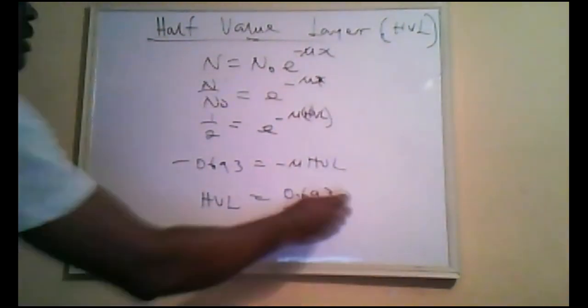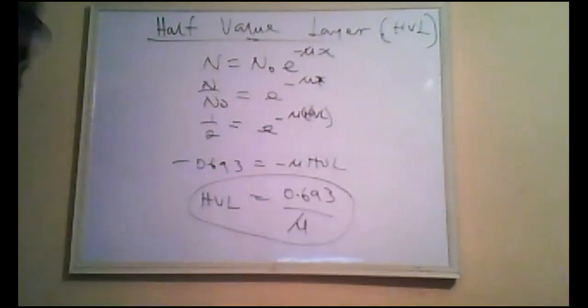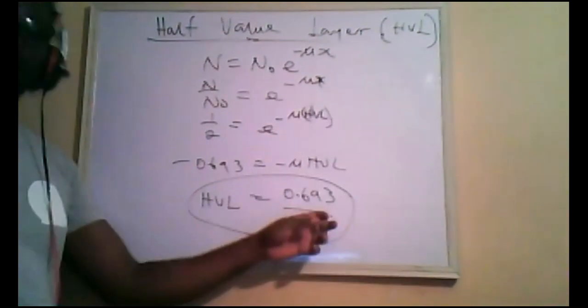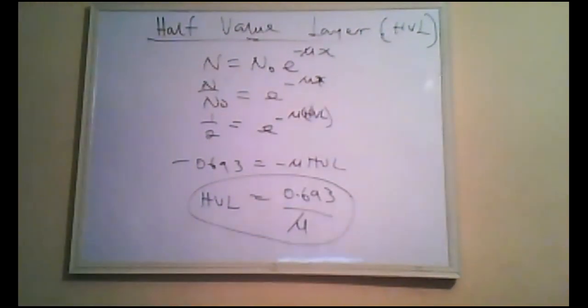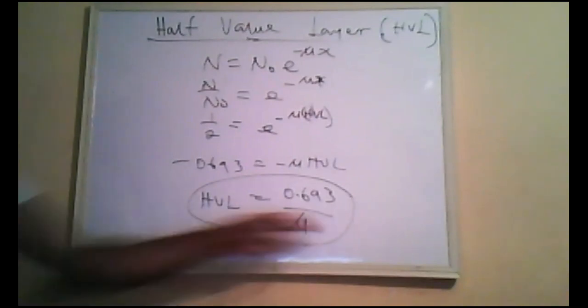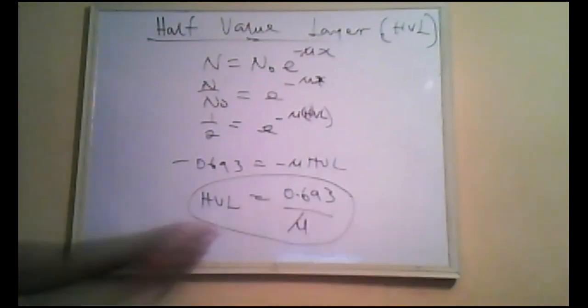This is an important equation we all need to know. The HVL of the material is inversely proportional to the linear attenuation coefficient. So the greater the linear attenuation coefficient, the lesser the HVL.